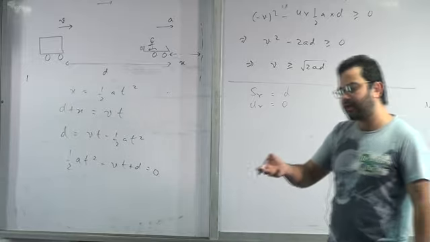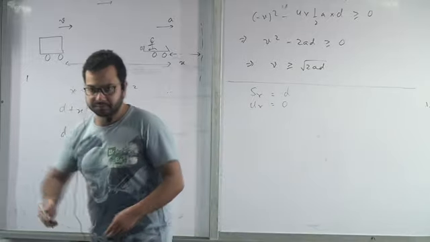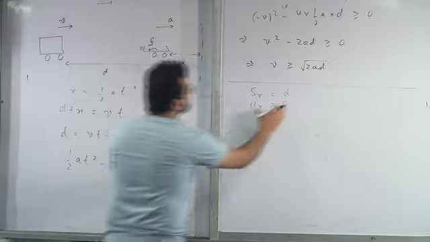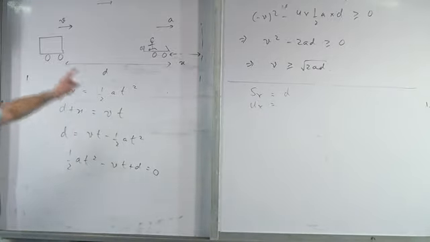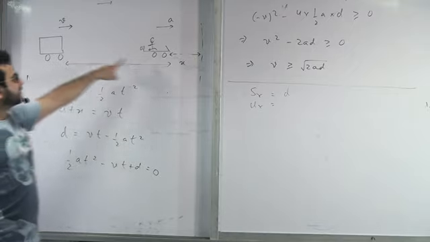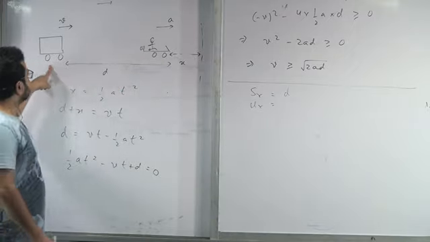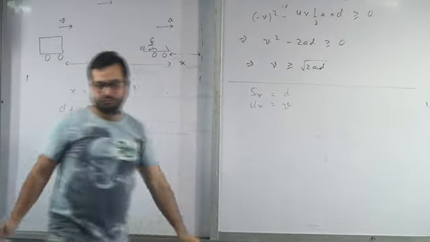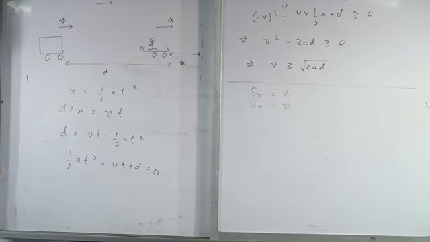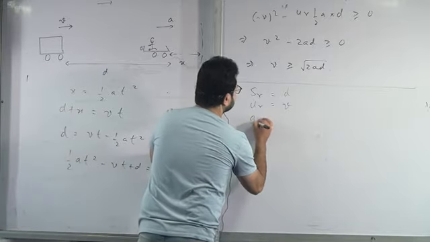Or he was already traveling with v. What is the question? Already traveling. Excellent. If it is already traveling, then the initial relative velocity would be initial velocity of this minus initial velocity of this. So what is the initial velocity of this guy? V. So this will be v minus 0, that is v.